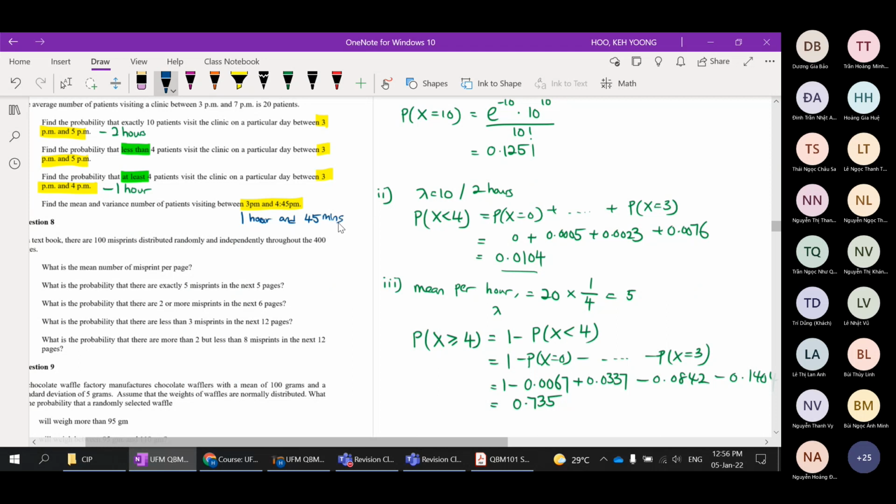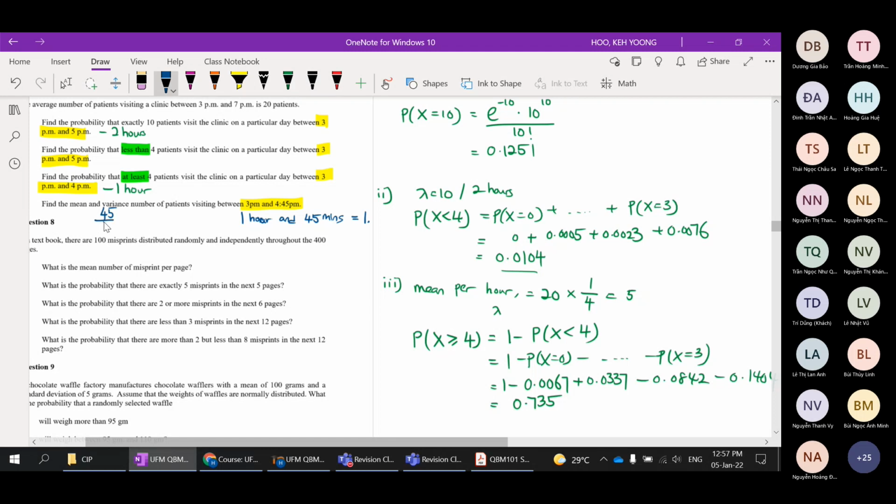So what do we do? We convert 1 hour and 45 minutes, we convert all to hours. 1 hour and 45 minutes is equal to 1 point what hours? So we need to convert 45 minutes to hours.